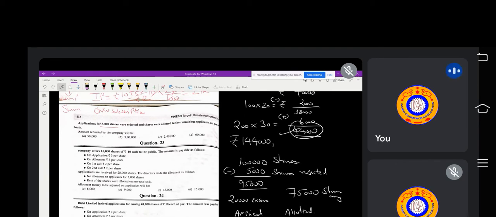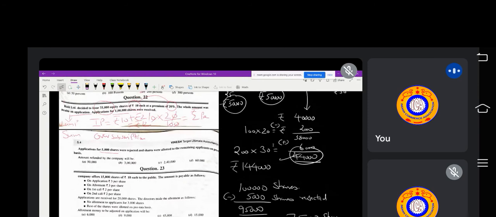Check it out properly. The question is amount refunded by the company will be. So what is the amount that the company will refund? That's the question they have asked. So 10 rupees is the face value and 2 rupees is your premium amount.